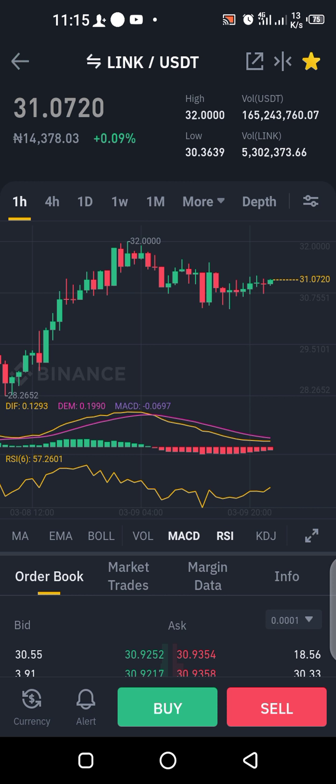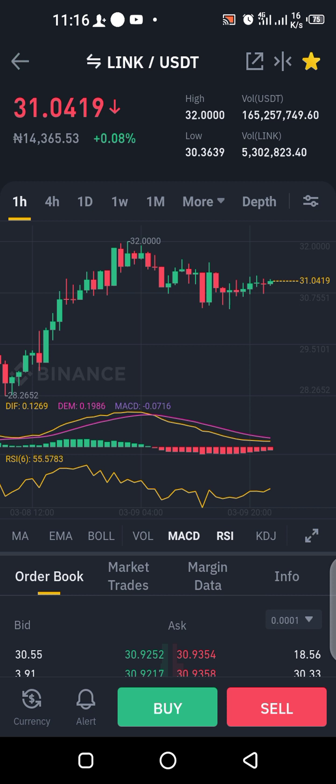on different time frames, let me repeat that again. When you know the resistance and support level, when you know the candle patterns on different time frames, what are the candle patterns saying? If you check the weekly chart, is the candle pattern bearish or bullish?